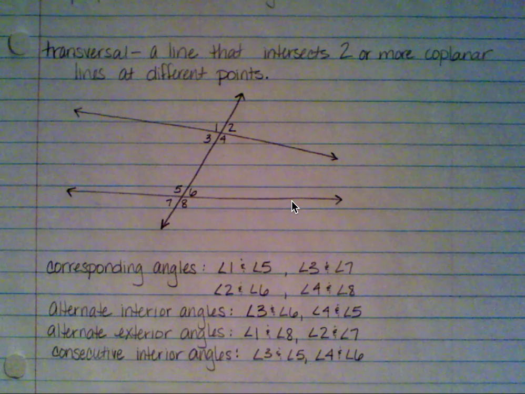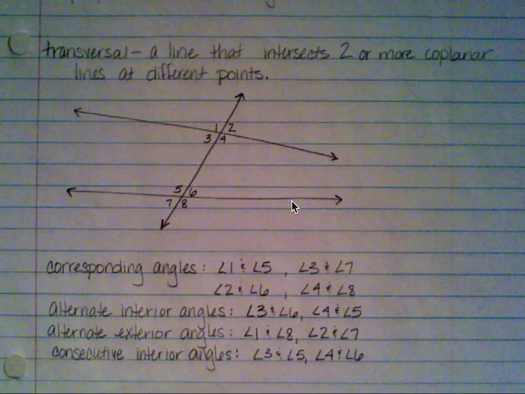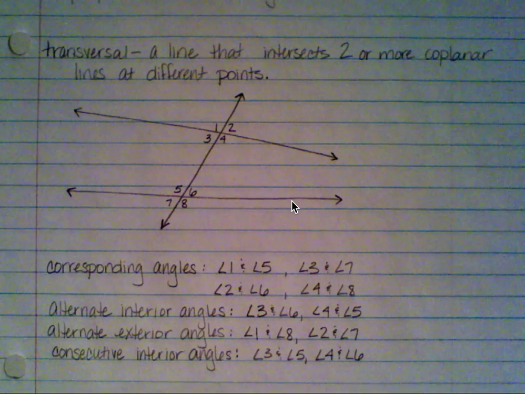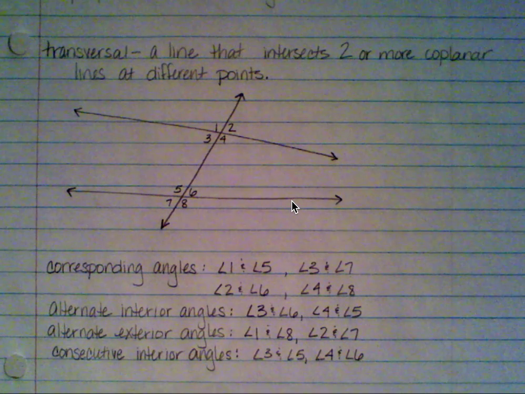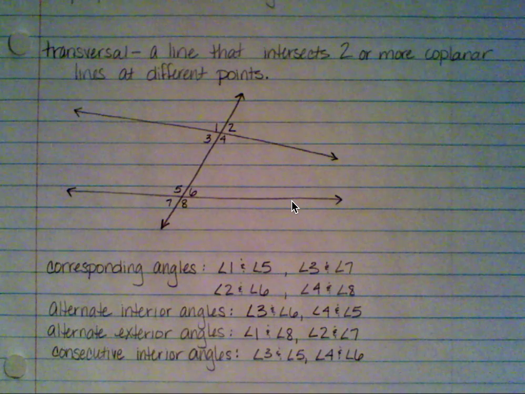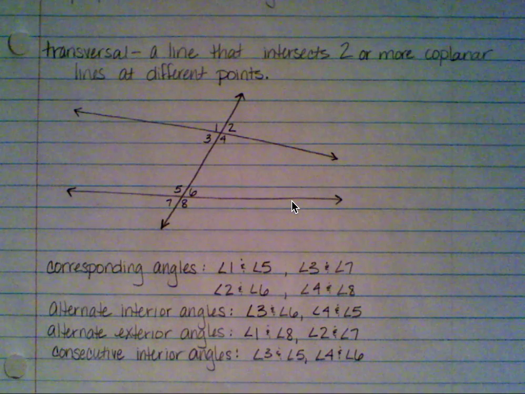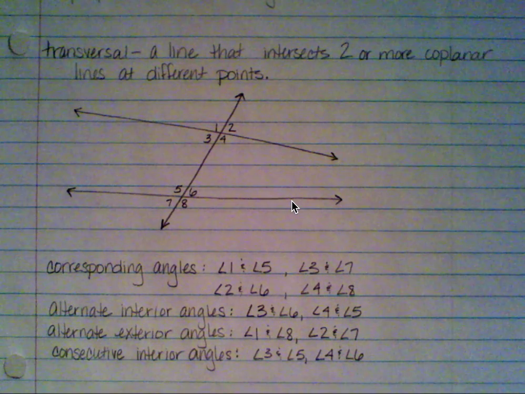Exterior, meaning they're on the outside of the two lines that are drawn. And then consecutive interior angles. Consecutive, one right after the other on the inside of the two lines. So there are all of our angle pair relationships that we have with those two lines cut by a transversal.